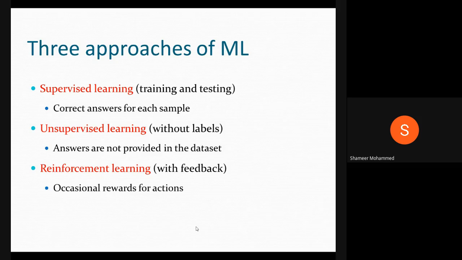The second type of approach for machine learning is unsupervised, without a trainer. Simply you have some data. With that data, you have to study the data and find the relationships between the data elements. Then finally you can find the answer. For example, in an online banking system, some fraud is happening with credit cards.